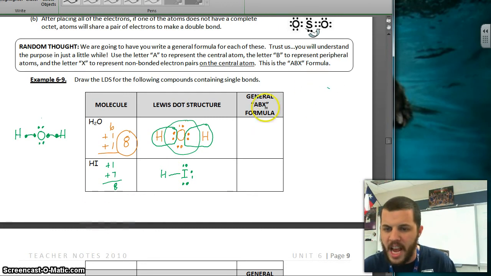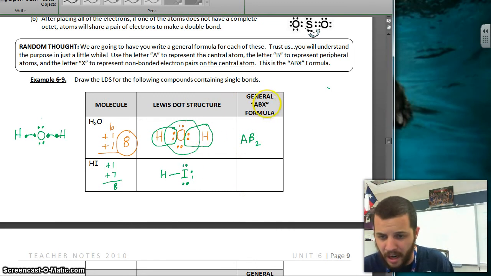So now what's up with this ABX formula thing, okay? The A stands for your central atom. How many centrals do you have? I only have 1 central atom, so that's going to represent A. The B is how many peripheral atoms do I have? Well, I have 2 hydrogen atoms, so that's going to represent B2. Lastly, I have unshared pairs of electrons.